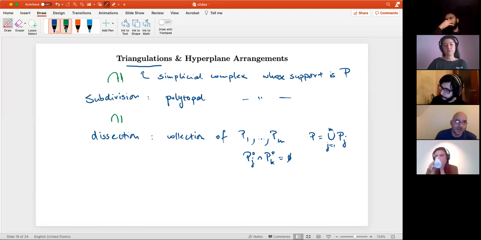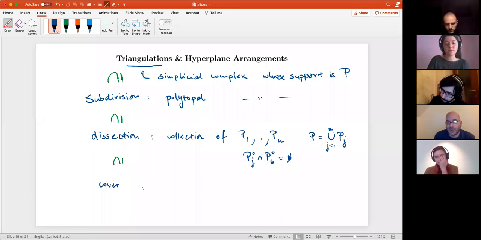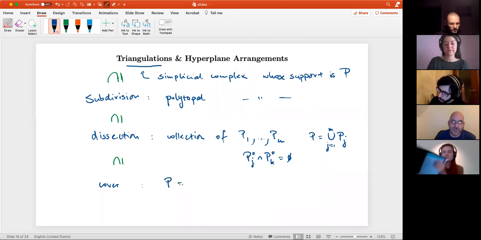And finally, if you hear the word cover, now they might overlap. So now I just have a collection of polytopes whatsoever, such that your polytope is the union.